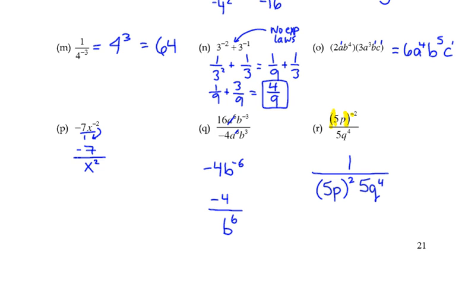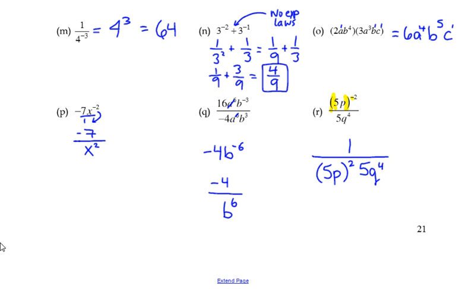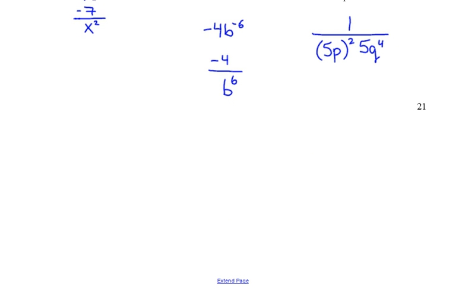Now what? How can we simplify? We can't do that yet, because they're not like terms. The reason why is it's squared. Guess what we have to do before multiplication? Exponents.